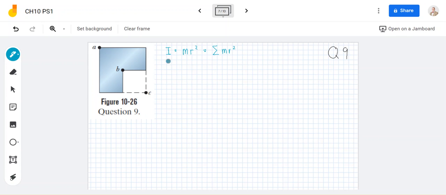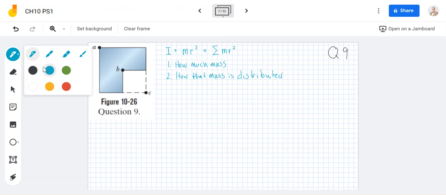So it tells you two things: how much mass, and how that mass is distributed. If you want a larger moment of inertia, you need more mass. And if you want a larger moment of inertia, you could take that mass and move it farther away from the pivot point.